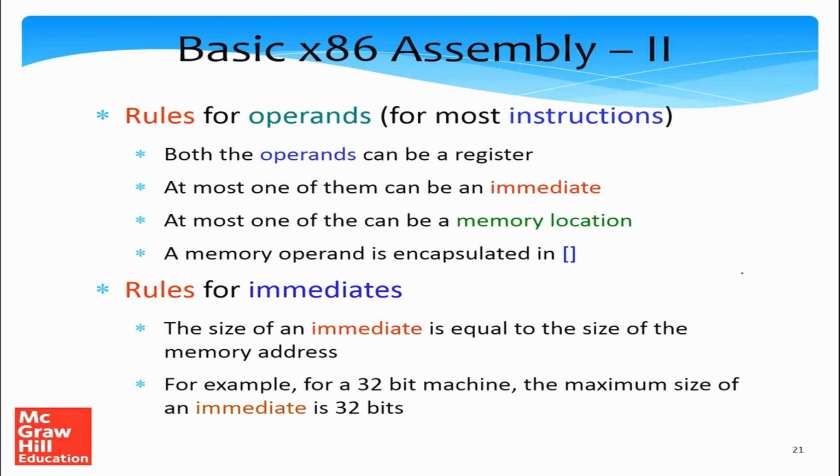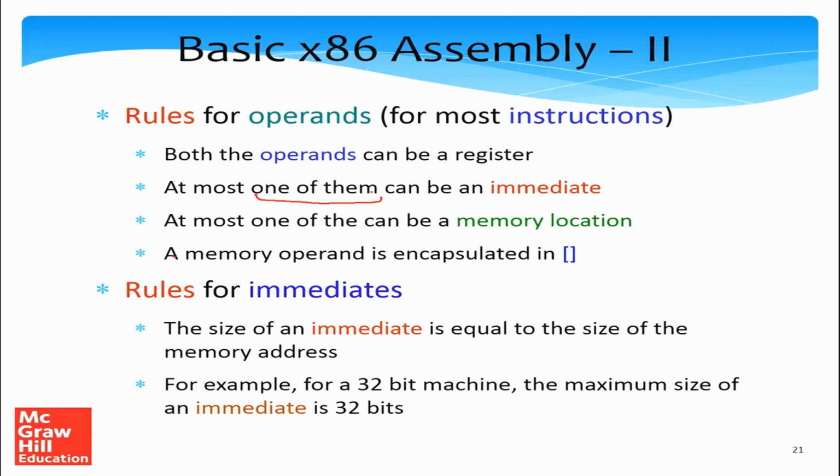Here are some additional points. At most one of them can be an immediate. Both cannot be an immediate or a constant, because that is meaningless. One of them has to be a variable, which means stored in a register or memory. But at most one of them can be an immediate, not two.